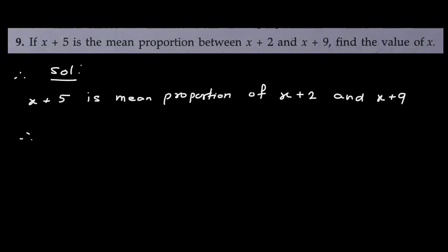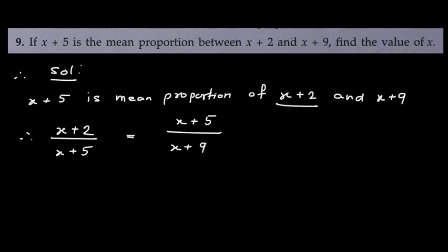So therefore x plus 2 upon x plus 5 equal to x plus 5 upon x plus 9.